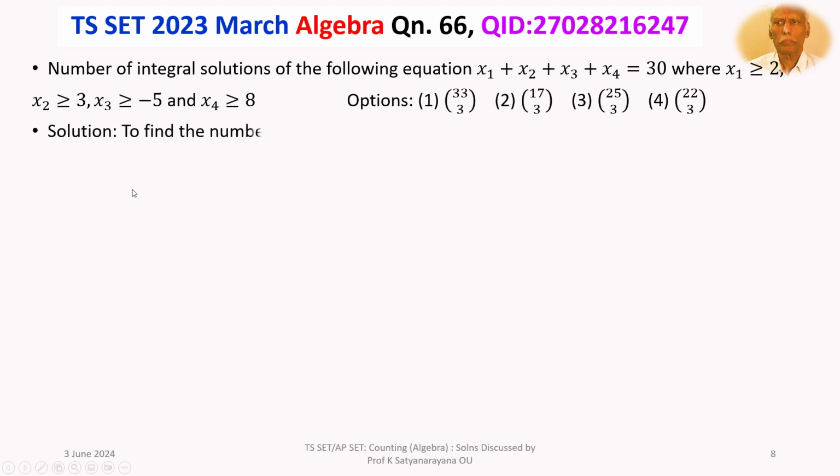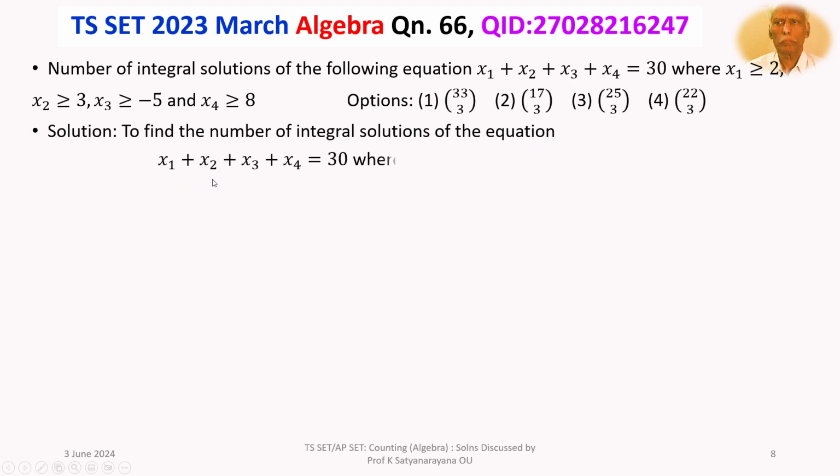Solution. To find the number of integral solutions of the equation x1 plus x2 plus x3 plus x4 is equal to 30, subject to the constraints x1 greater than or equal to 2, x2 greater than or equal to 3, x3 greater than or equal to -5, and x4 greater than or equal to 8.